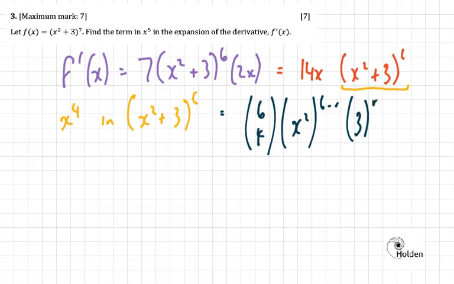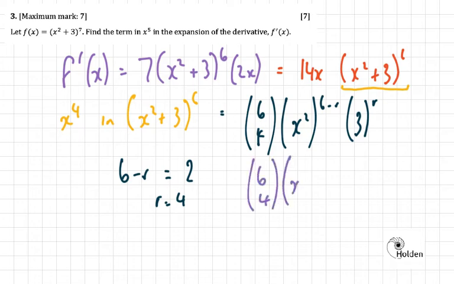Well, x to the 2 times (6 minus r) must equal 4, because x squared squared is going to give us the x to the 4 value that we're looking for, which leads us to r being 4.